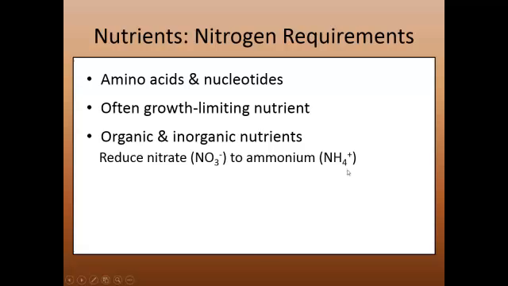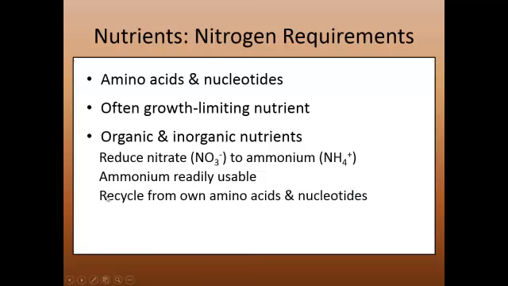It can be reduced to ammonium, and ammonium is readily usable by most organisms. Also organisms recycle their own amino acids because nitrogen is so hard to come by, and they recycle their nucleotides. Same reason.